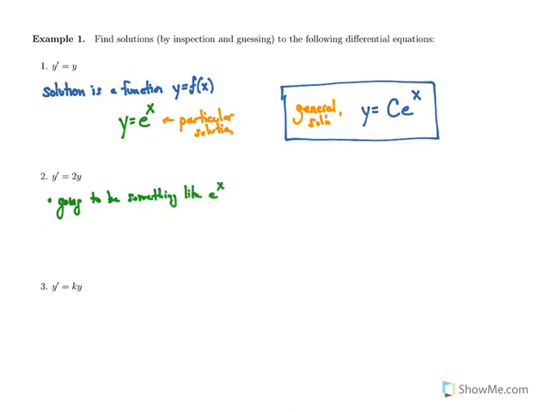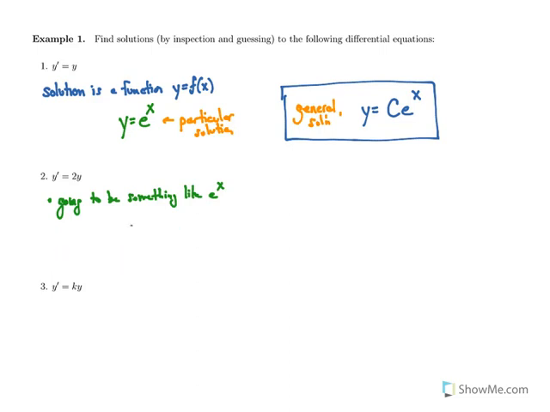Let's just try e to the x and see if this works. When you take the derivative of e to the x, you get e to the x, and we need that to be instead 2 times the function we are dealing with. So this doesn't work, because we have 1 times that function.